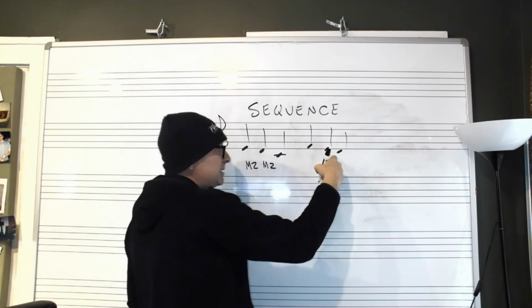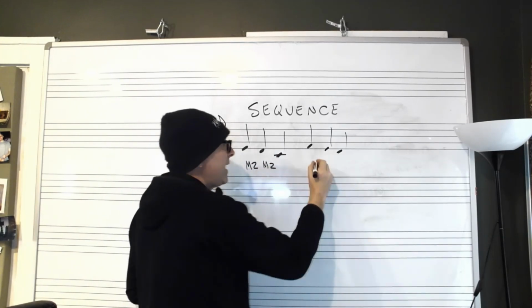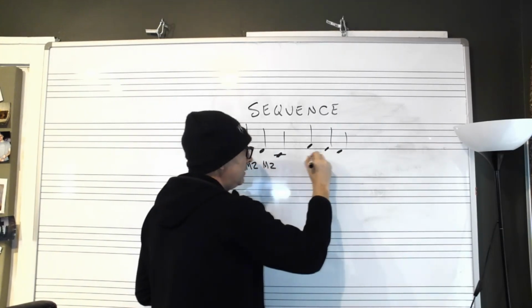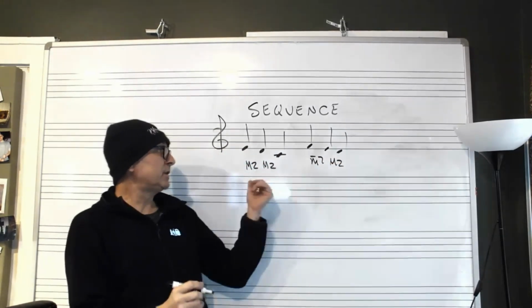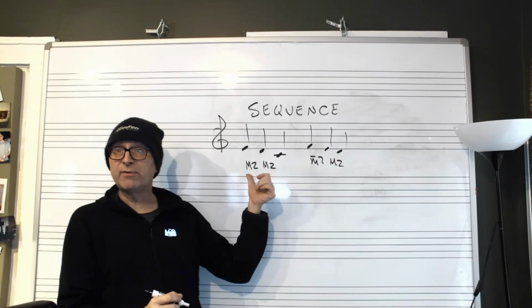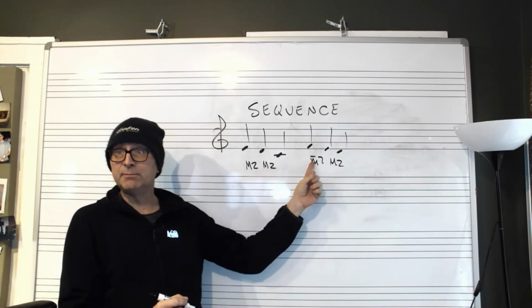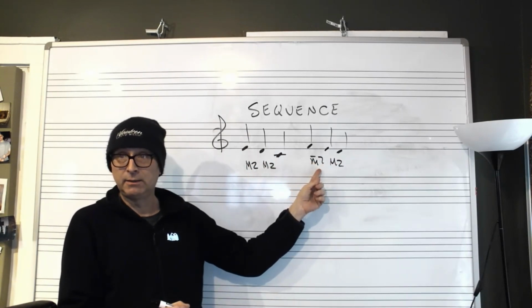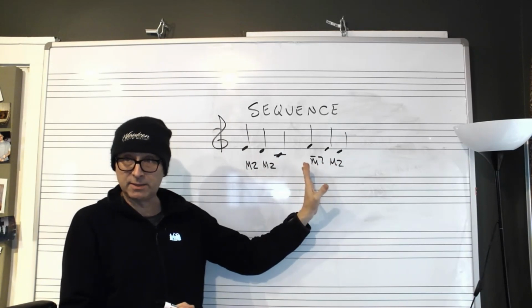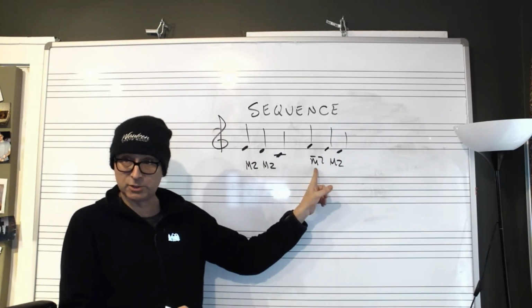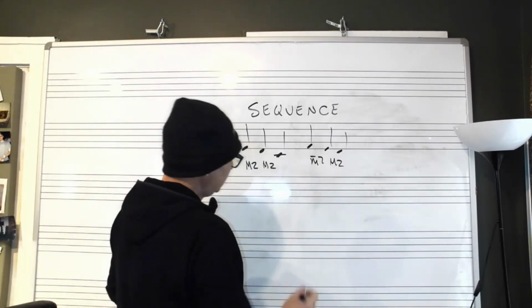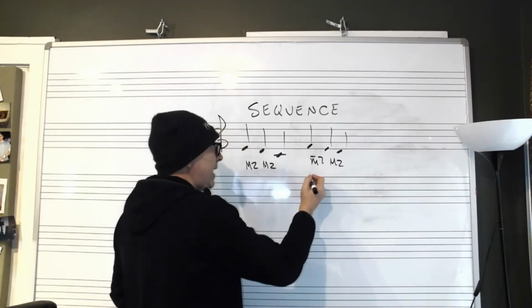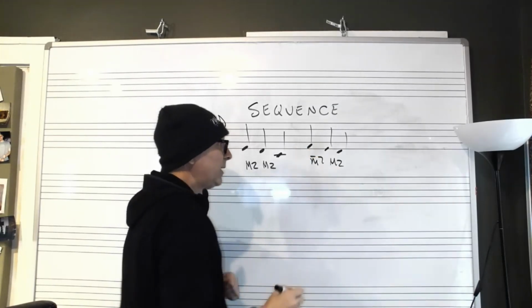In the next instance of the motif, we have a minor second and then a major second. So in the first motif, we have a major second. In the second motif, we have a minor second. In order to make this into a real sequence, we need to change this to a major second. There's a couple ways that could go.